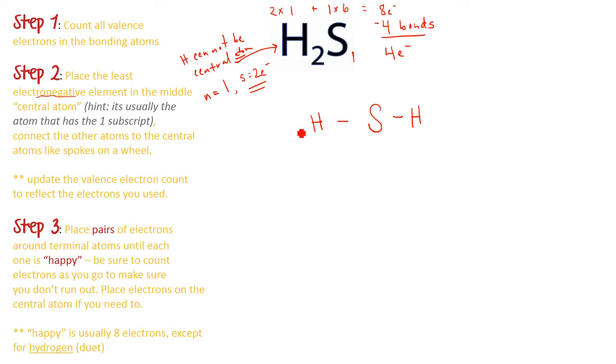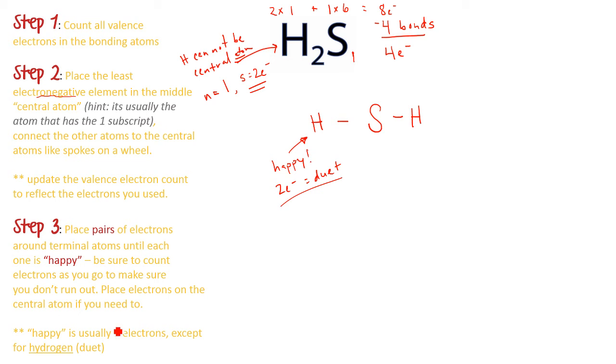When my hydrogen looks just like this, a hydrogen and a single bond, that is a happy hydrogen. He has 2 electrons, and 2 electrons is what we call a duet, and that's all he can ever have. So that's what every hydrogen you ever place will look like. That means the sulfur has 4 electrons, but he wants 8, right?